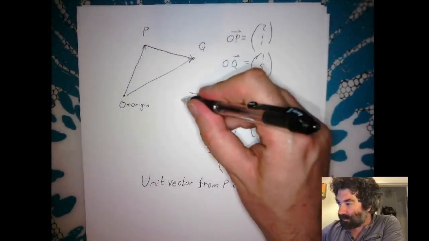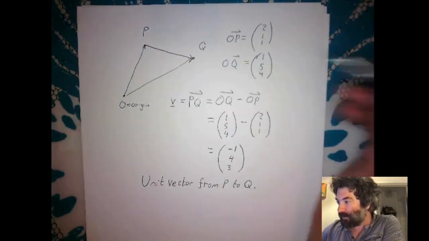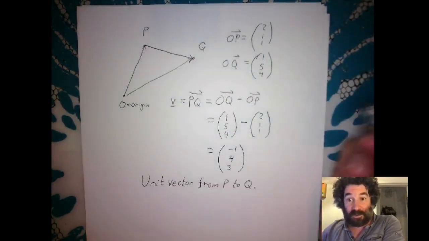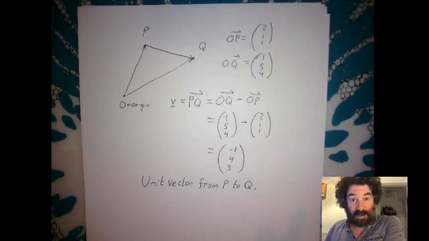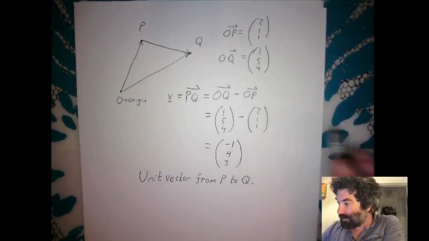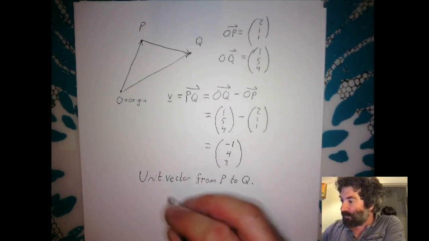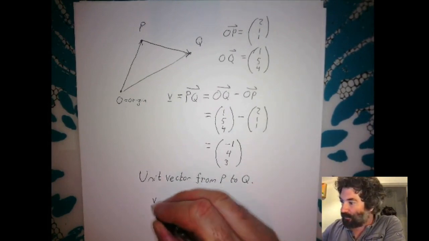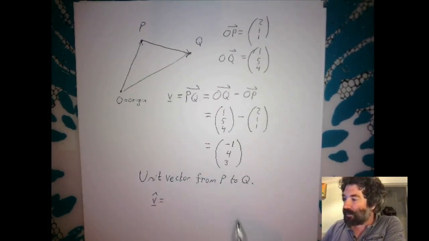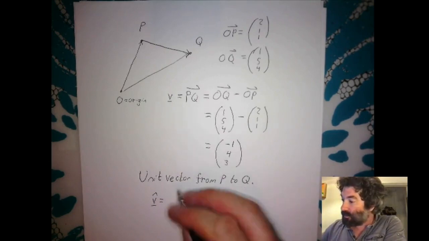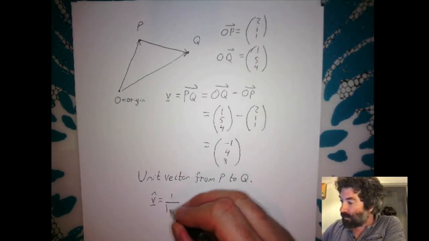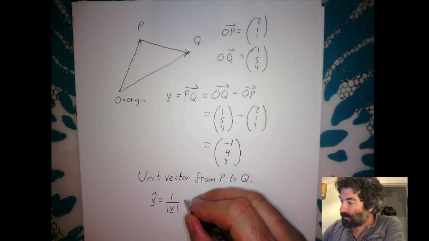So let's just call this V. And then the corresponding unit vector is going to be V hat, as in the notation I mentioned before. And remember, V hat, the unit vector in the same direction as V, is going to be 1 divided by the magnitude of V times V.